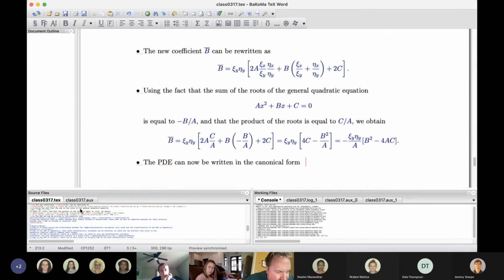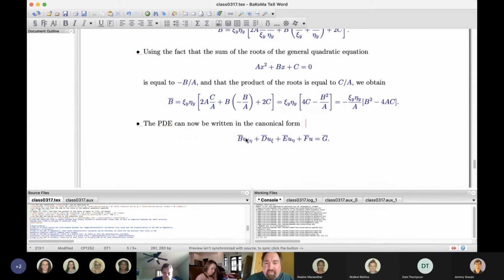So now you have this new PDE of this form, where you have this principal part. That's the only term that involves a second partial derivative, and then these lower order terms. So depending on what d bar, e bar, and f bar are, you can hopefully find this easier to solve than the original.